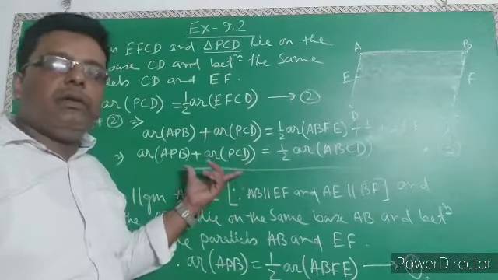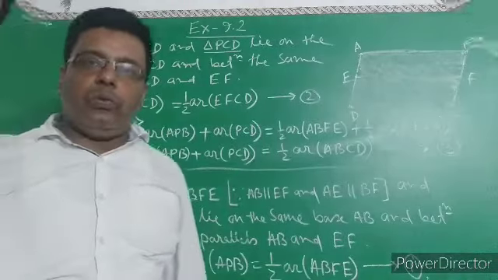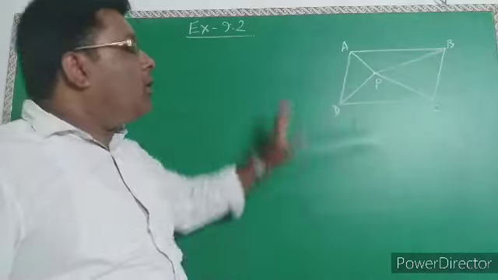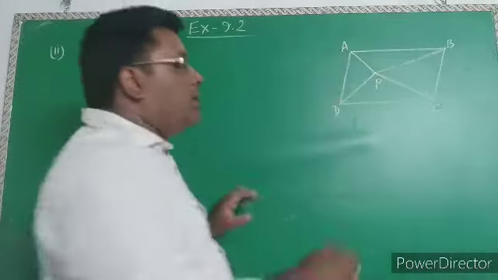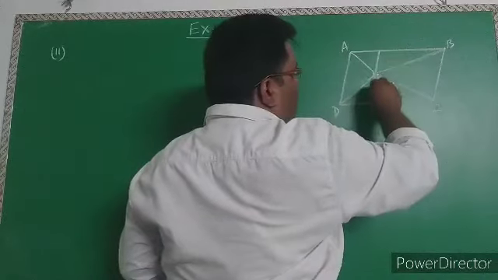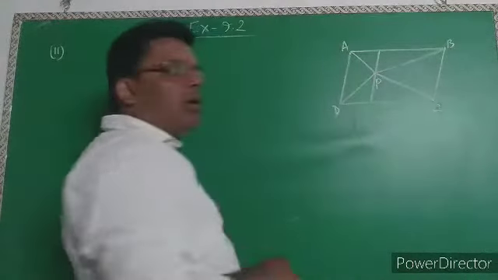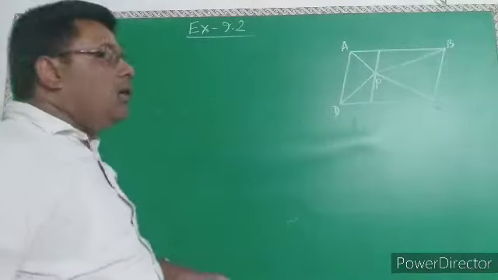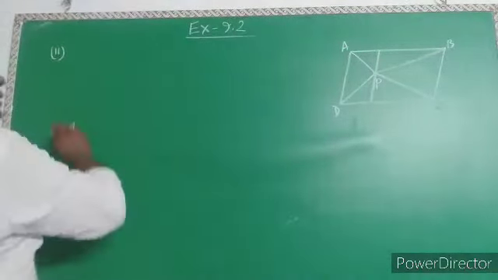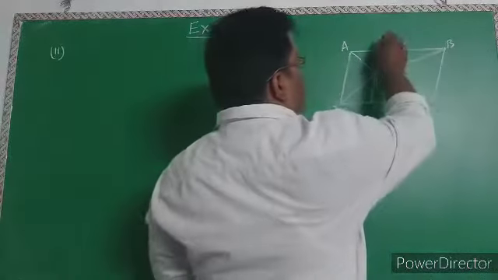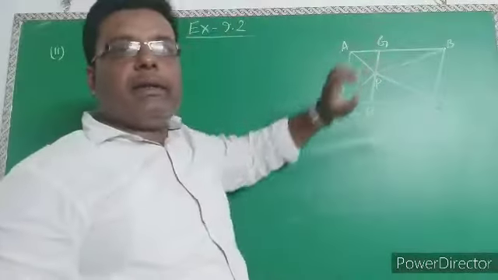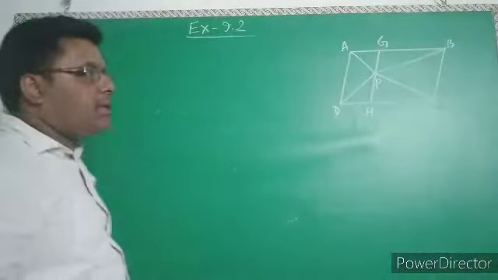Now we'll prove number 2. For part number 2, we have to draw this line from P but parallel to AD or BC. Suppose we write this line as GH.